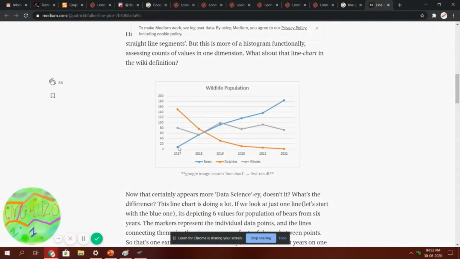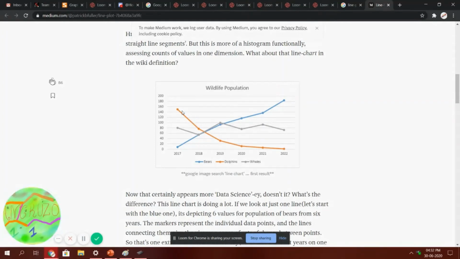In 2017 bears were about 10, and then it just keeps growing. We are now in 2020, and there's not yet 2021 and 2022. So we can see that the bear population has gone up, which is good.